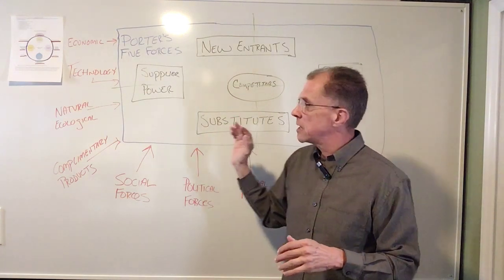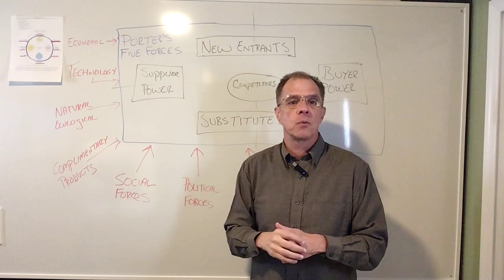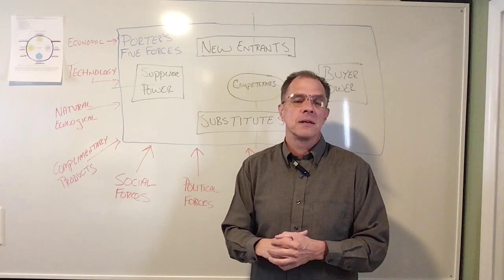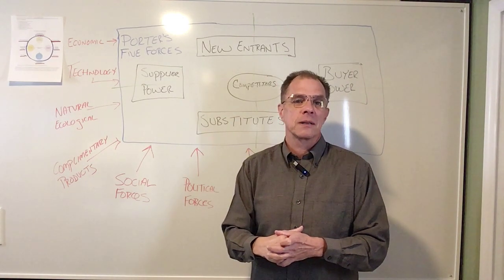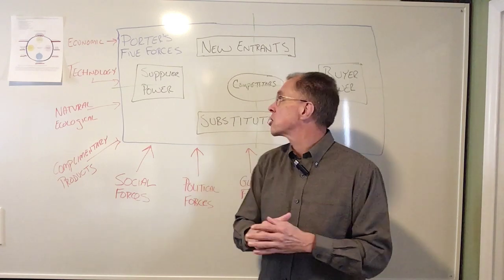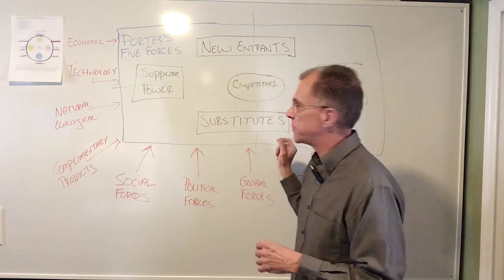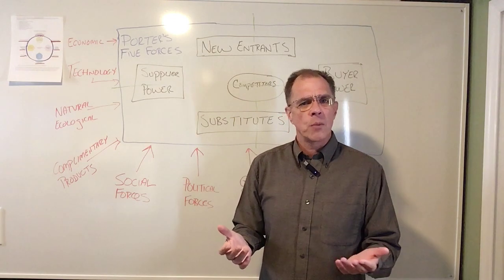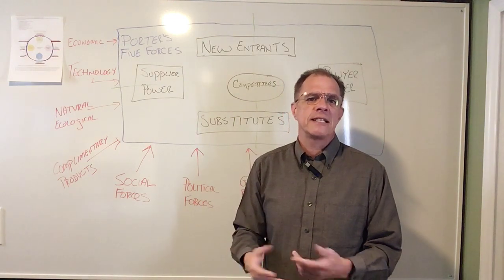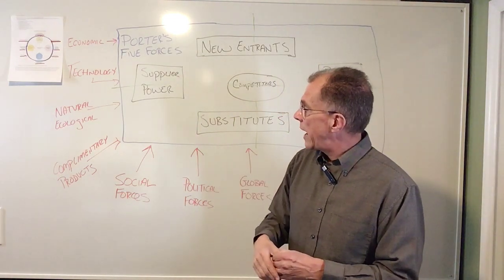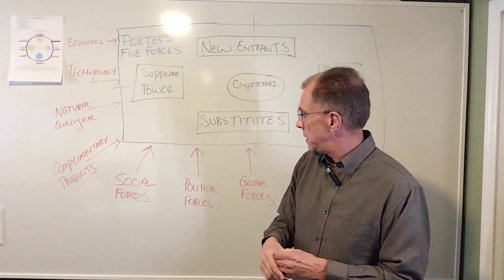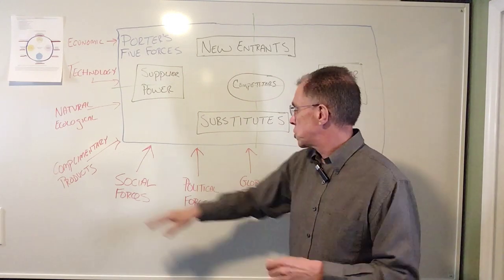So then you've done your analysis and you've said, well, today, the competitive market characteristics for milk are within this box. But then you have to ask the question, well, what if something changes? What could change that might impact that? So a good example is, you have social forces, right?